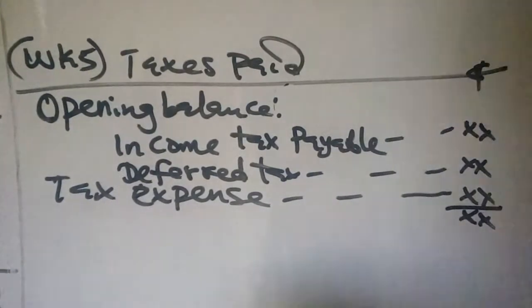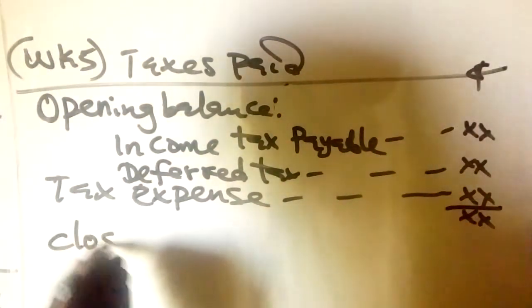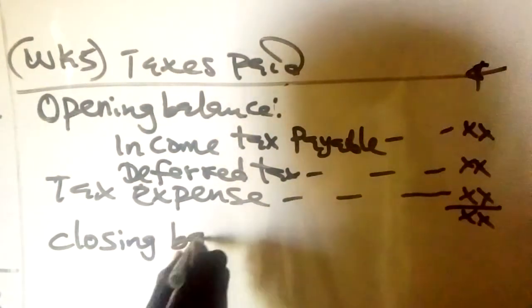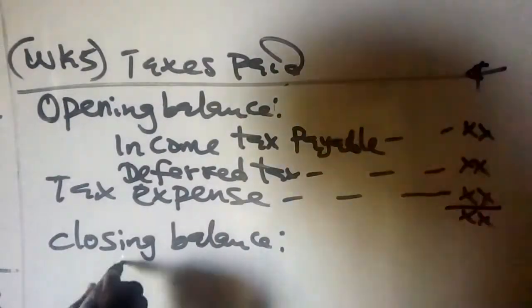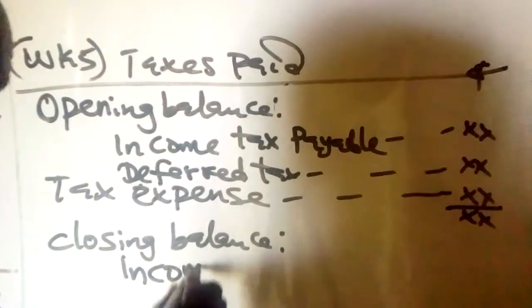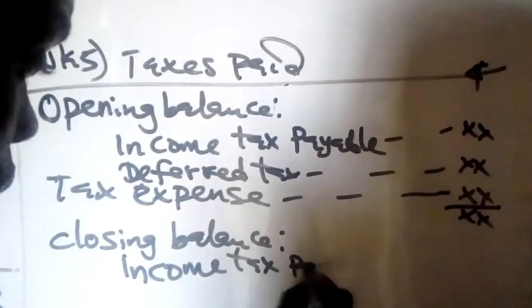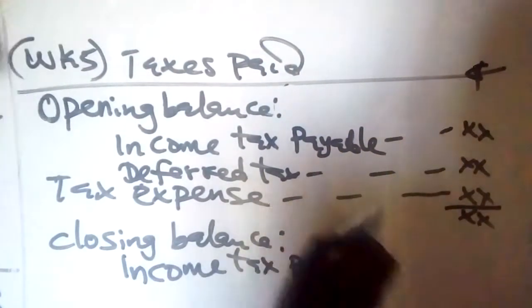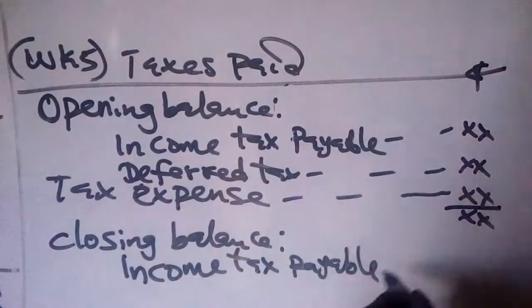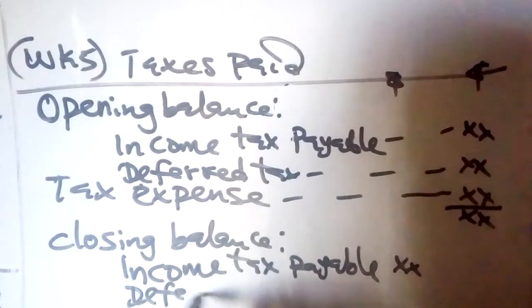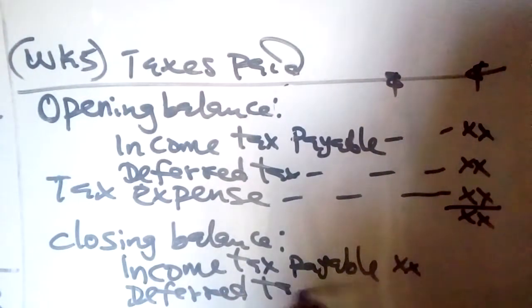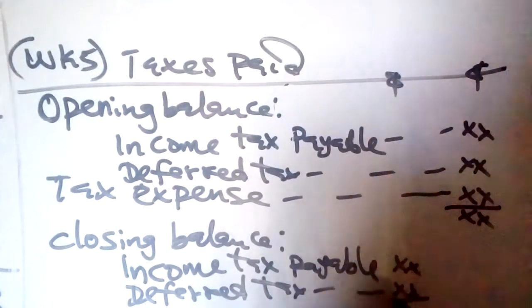Then you less the closing balance. Your closing balance can also have income tax payable, and the deferred tax closing balance.